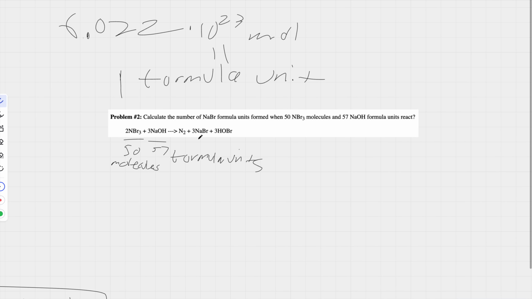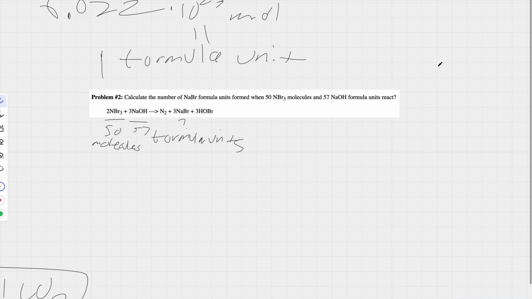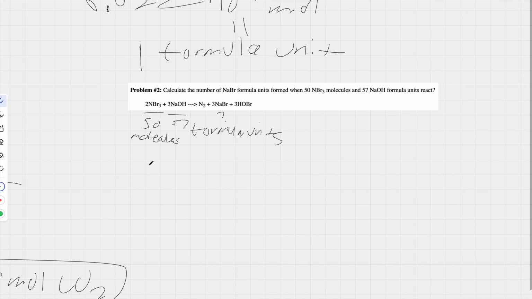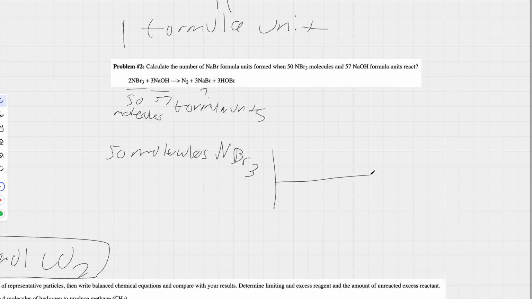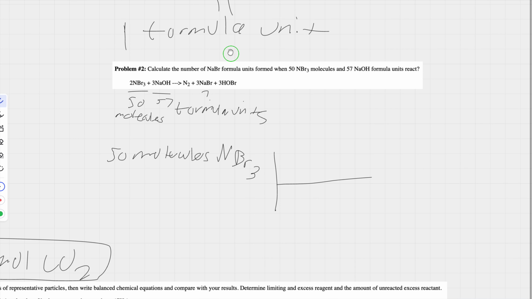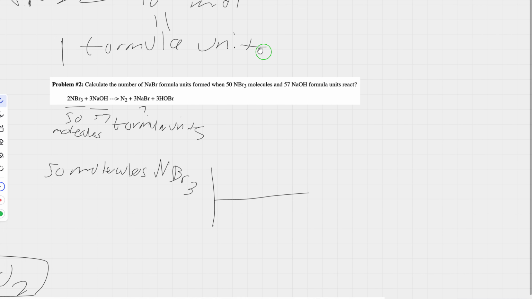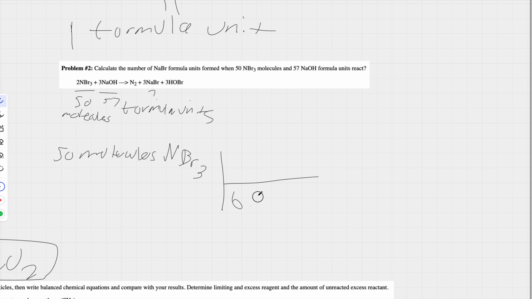And we're asked to find how many formula units are formed when these 2 are combined to make sodium bromide. So we find the limiting reactant, in which case we find the moles of sodium bromide from each one. So 50 molecules of NBr3. Convert this to moles, in which case we divide by Avogadro's number.